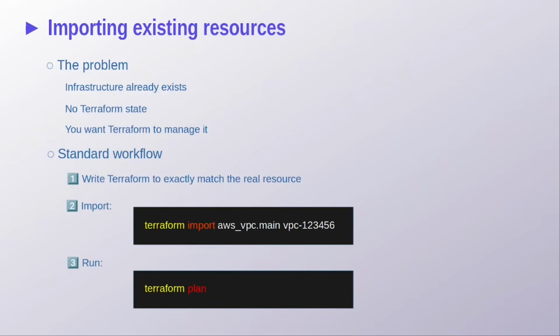First, write Terraform code to match the real resource. Next, import the resource. And finally, run the terraform plan command. The plan must show no change. Common mistake: import first, write code later, mismatched attributes, surprise destruction.